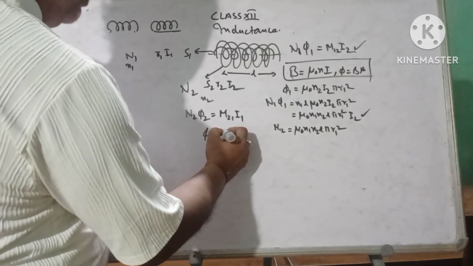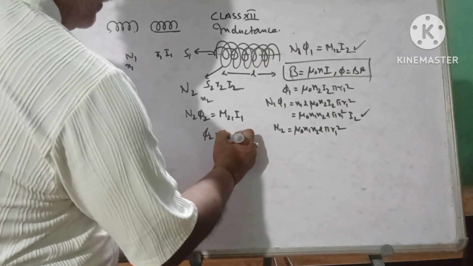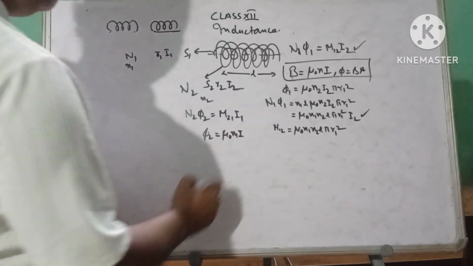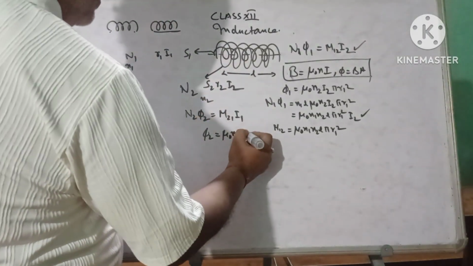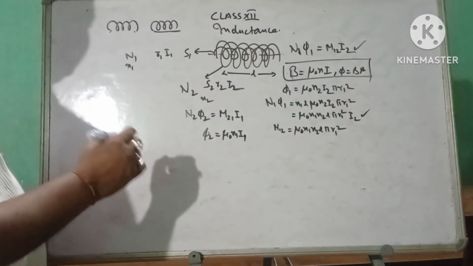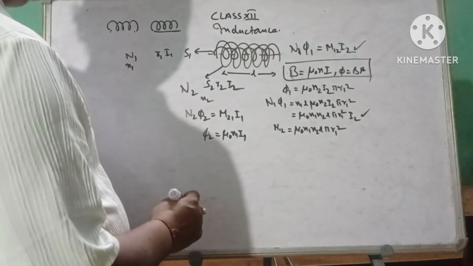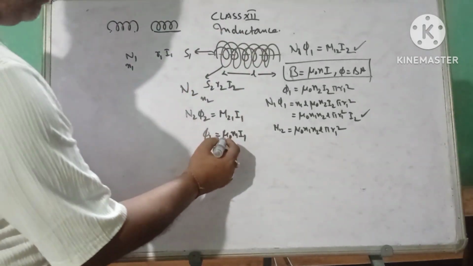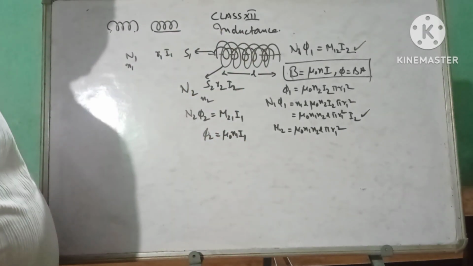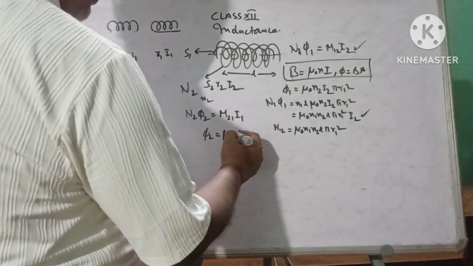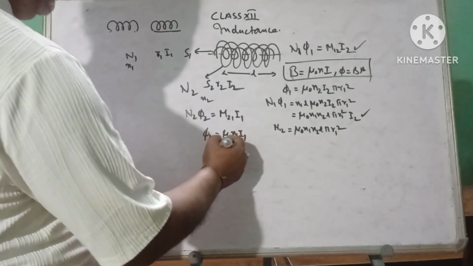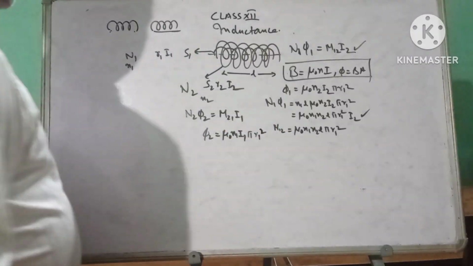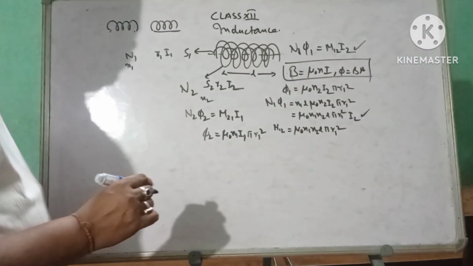So your phi 2 will be constant N1 I1, N1 for the smaller coil, because here it has been considered that the flux linkage will be confined in the smaller coil. So this is the flux, B into A, where the area will be pi R1 square.